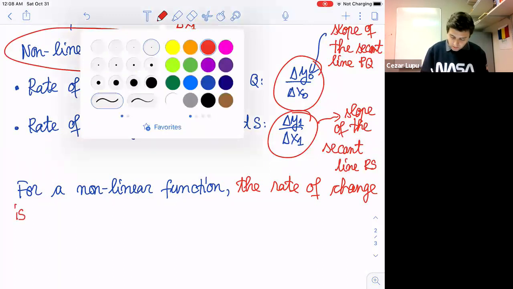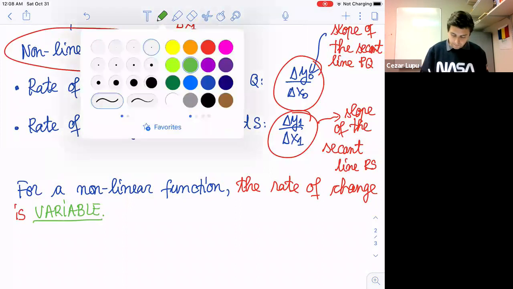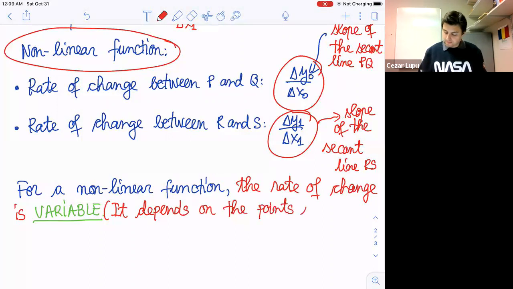That's the word we should keep in mind: variable. It depends on the points chosen. That's why we have chosen 2 points there so that you can see it better.